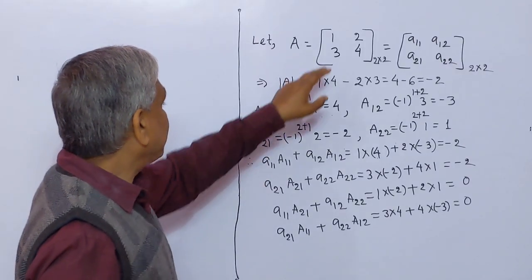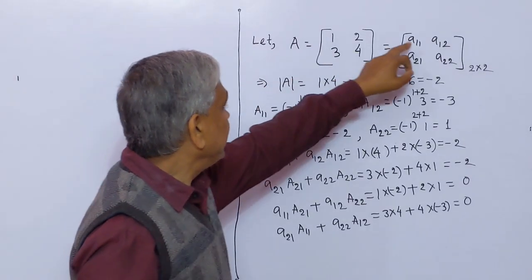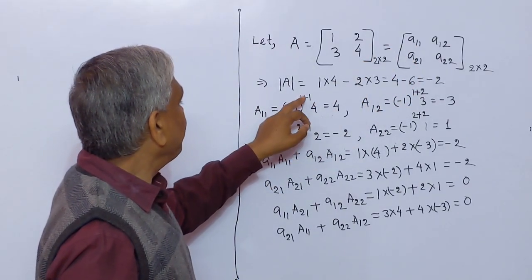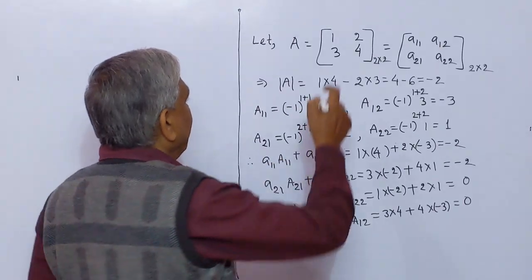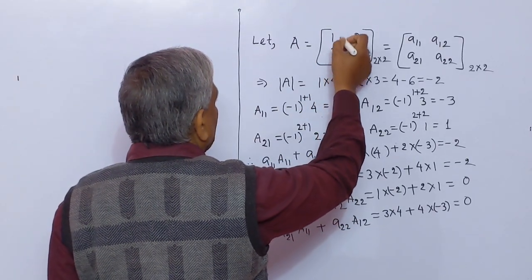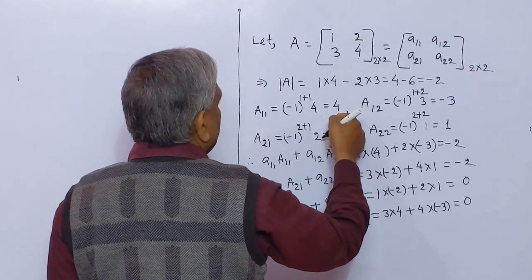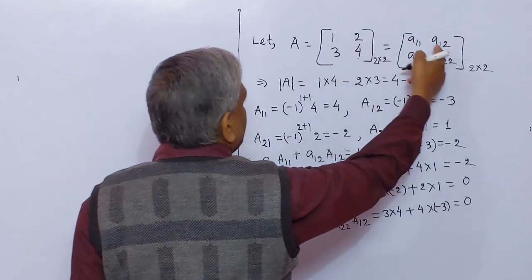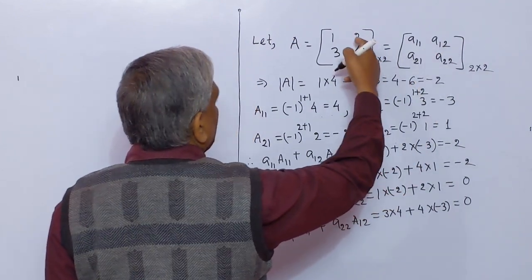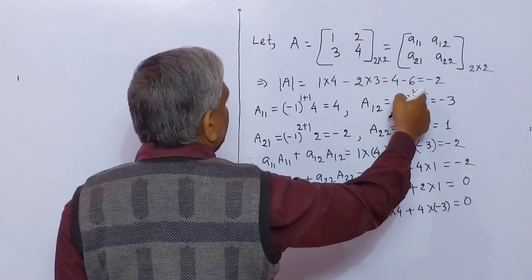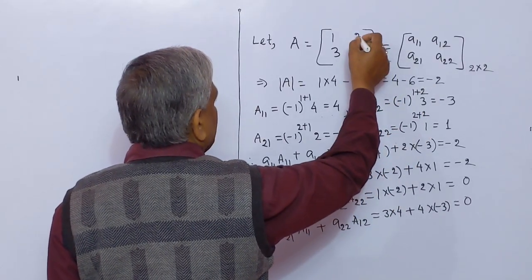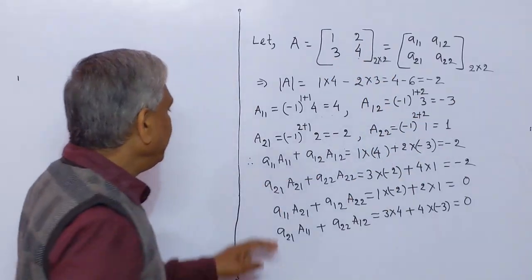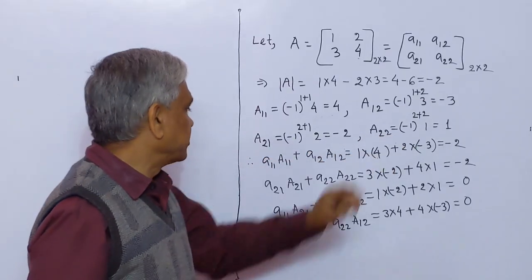Here cofactor of 1 means A11 is minus 1 power 1 plus 1, and we cancel this column and this row, remains 4. Similarly, we may find cofactor of 2, that is cofactor of A12. Here minus 1 to the power 1 plus 2, we cancel this column and this row, remains 3. So this is minus 3. And in this way we may get other cofactors.